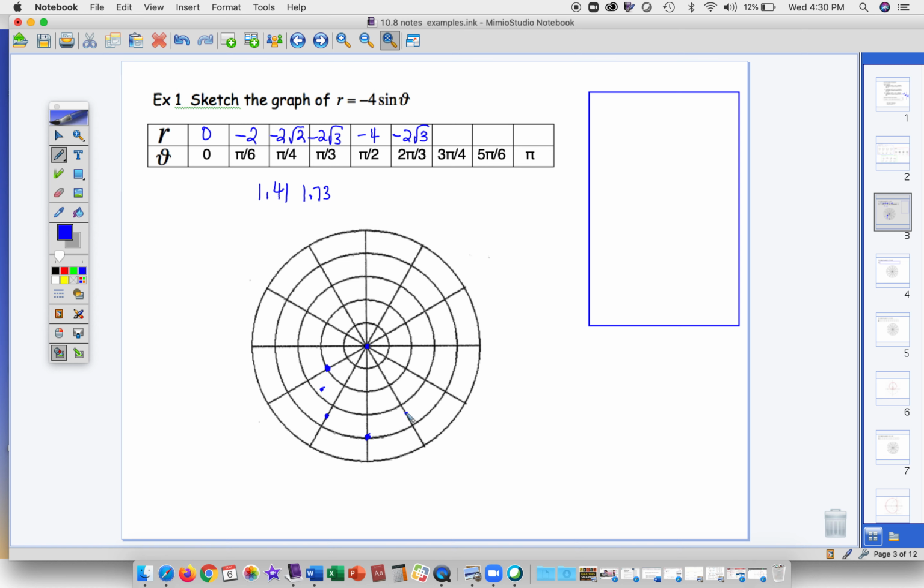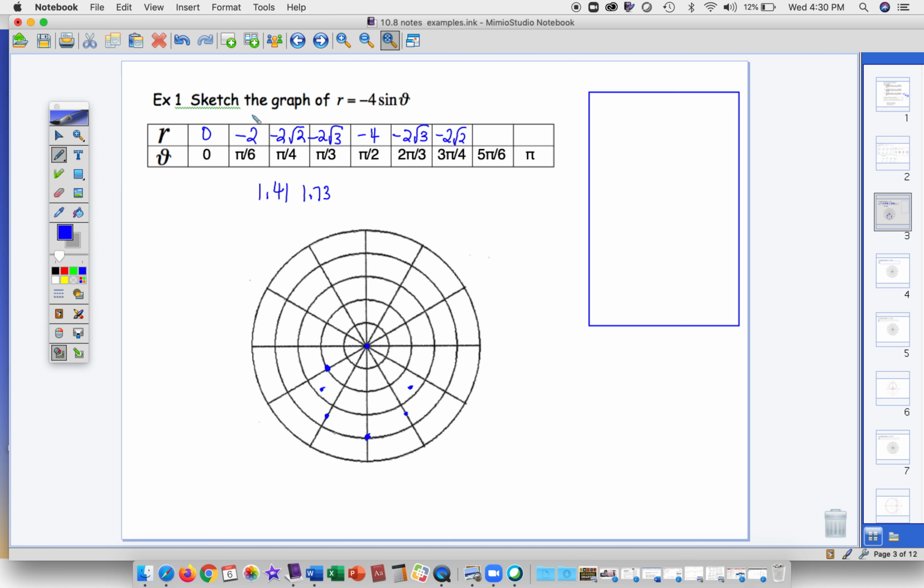So you can see now I'm going to get points that are symmetrical with the ones that I already have, symmetrical over that line, theta equals pi over 2. So 3 pi over 4, that's the same as the sine of pi over 4, so that's negative 2 root 2, or negative 2.8. So I'm going negative 2.8 out and rotating to here. So this is the point that's symmetrical with this one.